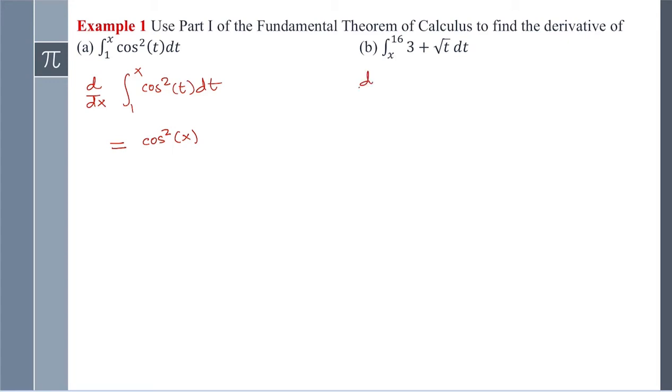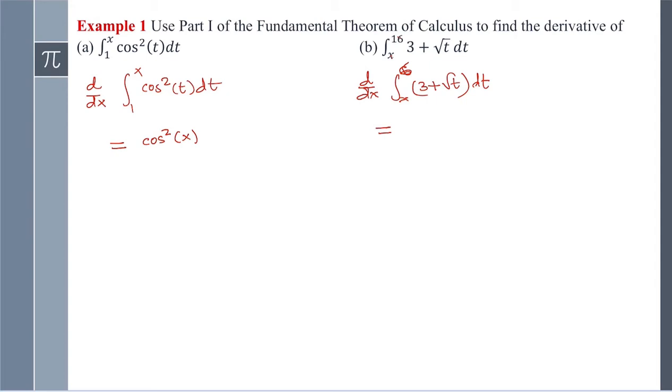Now similarly, let's look at the second example. The derivative of this integral from x to 16 of 3 plus square root of t dt equals, so we just replace t with x, but just be careful. Our theorem says a constant to x, but here we have x to 16. So we are going to use one of the properties of the integral: if we switch the limits, it becomes negative.